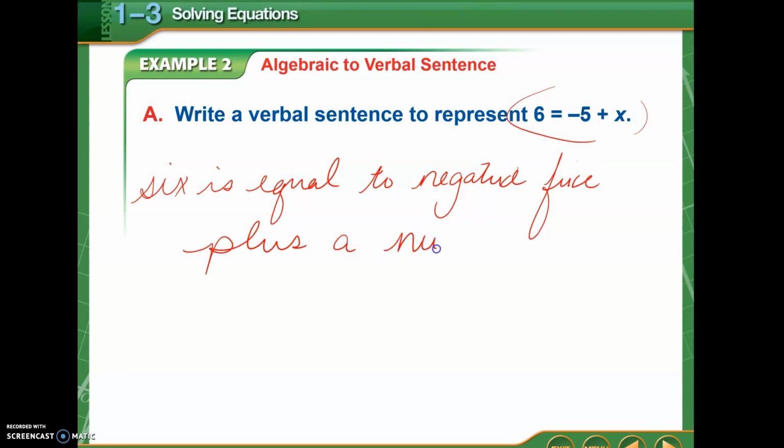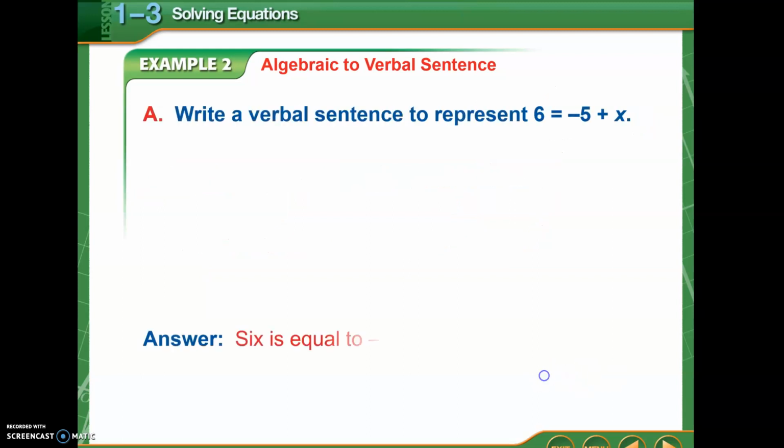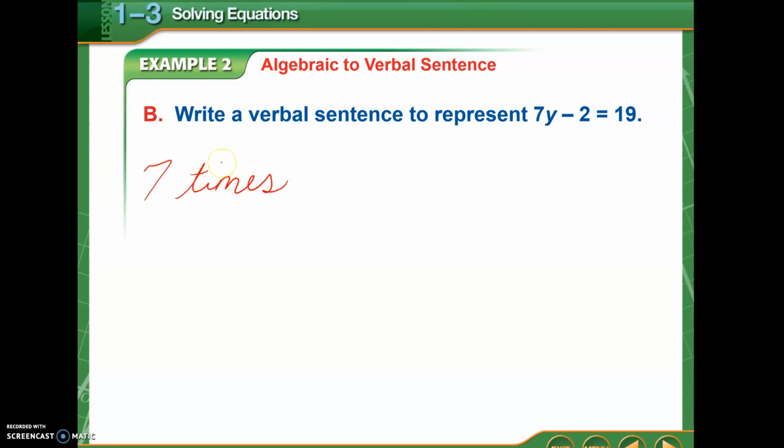So this one you're going to have multiple answers or ways to say it. Some say is. 6 is -5 plus a number would work also. 6 is equal to -5 plus a number is what we have here. Right, so 7 times a number, because we should recognize when there's no sign in between.